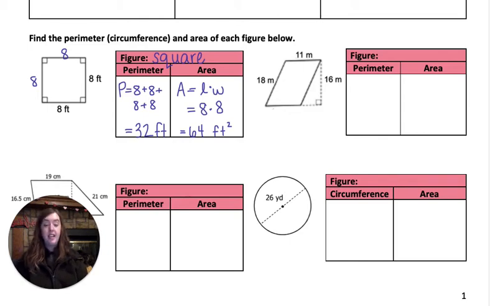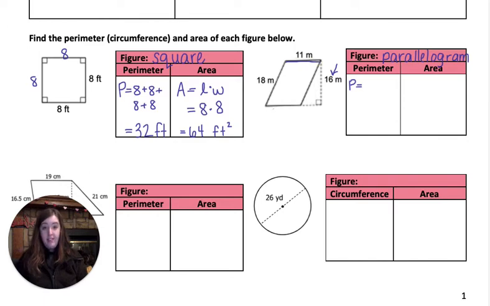Let's look at this next guy. That's a parallelogram. Parallelograms are quadrilaterals where opposite sides are parallel. To find the perimeter, we're going to add up all of the sides. Now, be careful. 16 right here is not a side of the parallelogram.